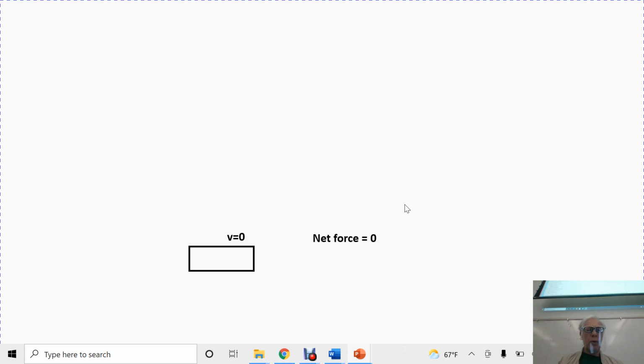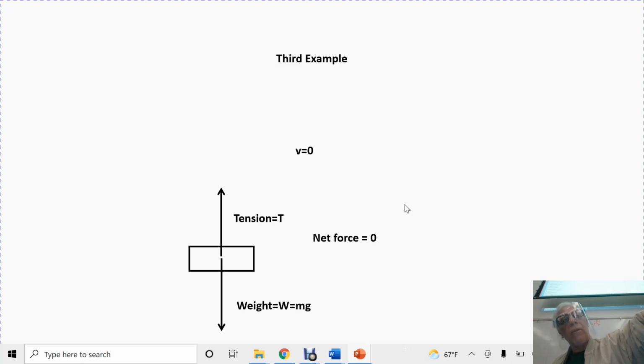Another one, here we go: net force 0, weight, tension. You can also have the case of an object suspended by a string. Just like this mouse. I'm going to make it stop oscillating. It's at rest. So it has a weight that's pulling it down towards the center of the earth. But you also have another force that's called the tension.